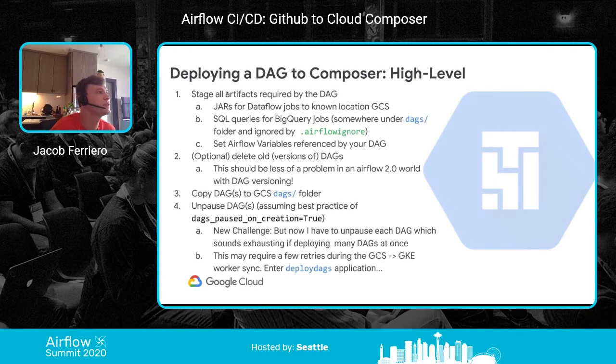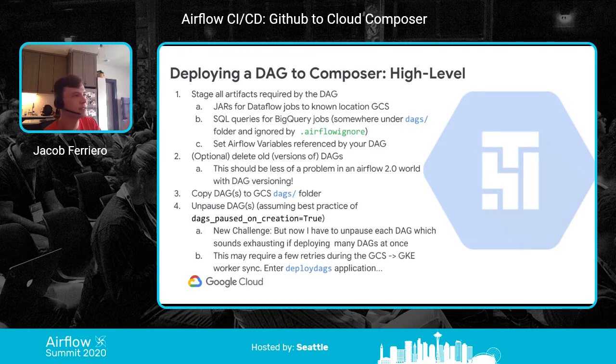So the first step is to stage all artifacts required by your DAGs. We talked about this before, like putting your jars on GCS or putting your SQL queries under the DAGs folder. A little pro tip is, anytime you have folders or files under the DAGs folder that should not be parsed as DAGs, you can add them to the Airflow ignore file.